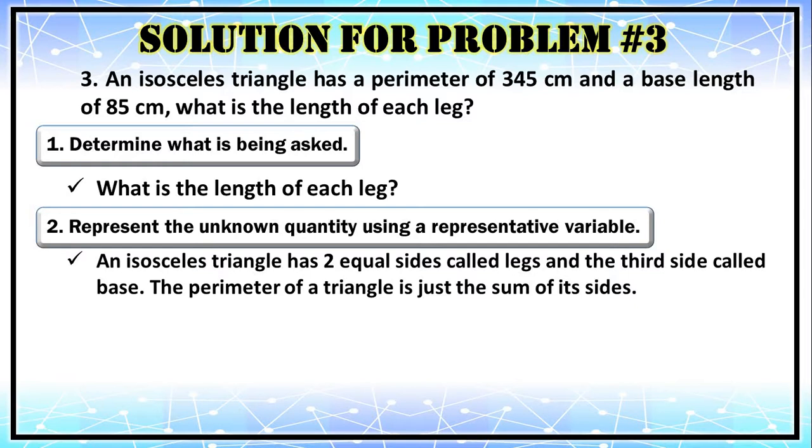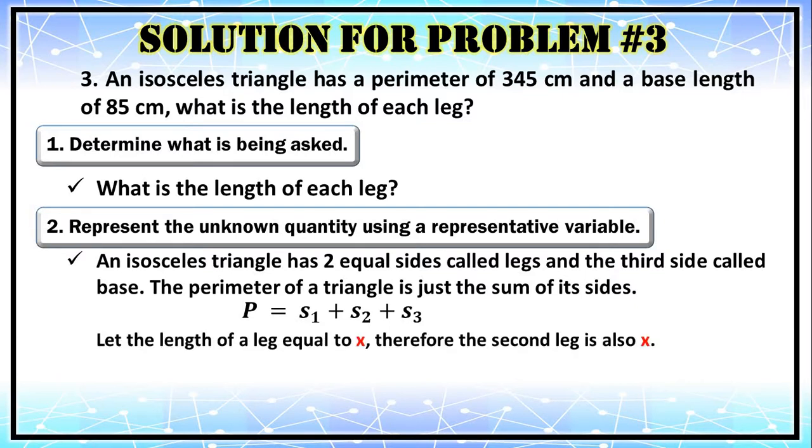Since the perimeter of a triangle is just the sum of its sides, then in an isosceles triangle we can just use the perimeter is equal to side 1 plus side 2 plus side 3, or leg plus base. So we let the length of a leg equal to x. Therefore, since it is an isosceles triangle, the length of the other leg is also x.